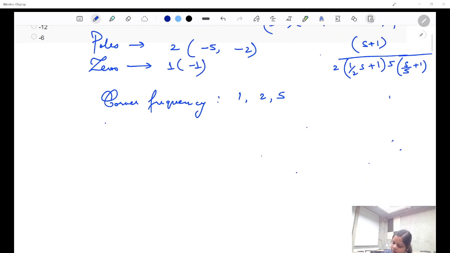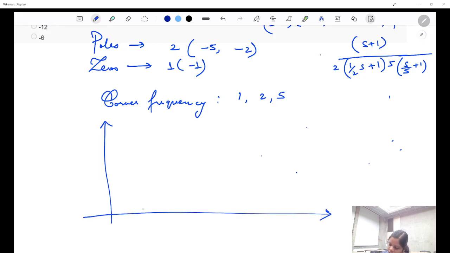Now let's write here. So let's say we have corner frequency of 1 over here, 2 over here, and let's say 5 over here. So this is your omega and this is your magnitude of G(j omega).